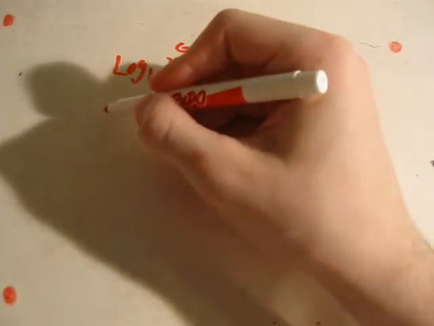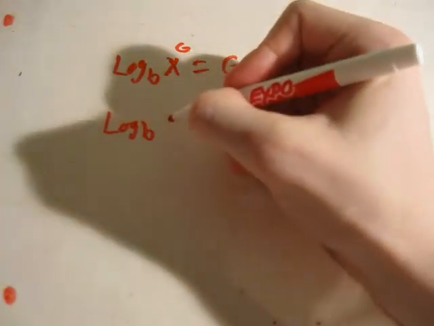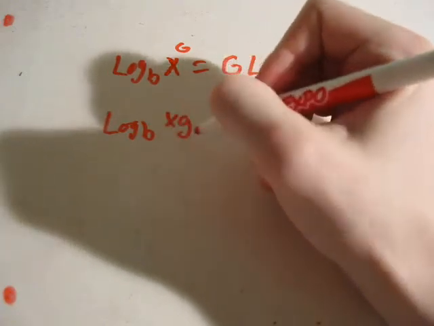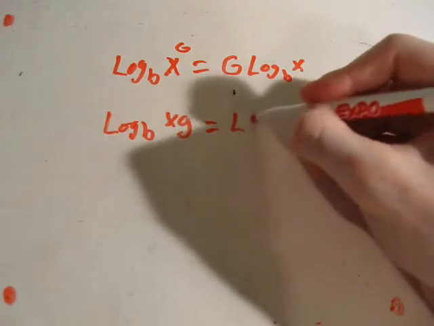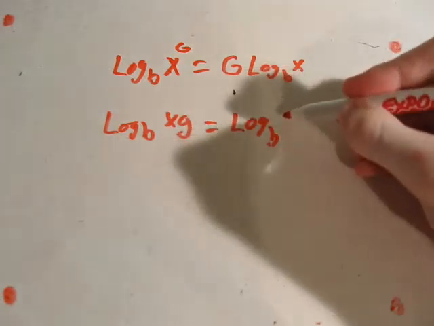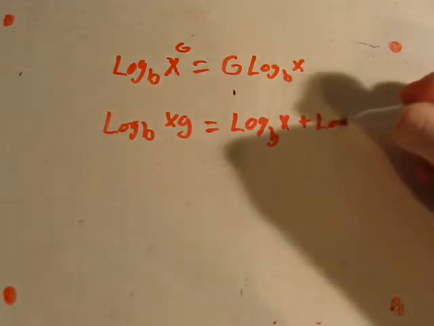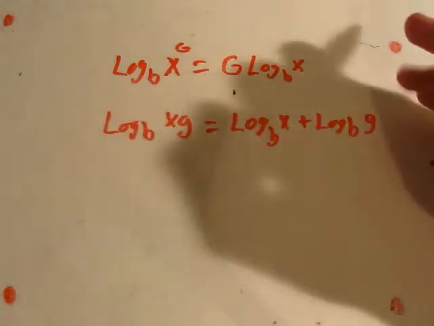If you've got a logarithm to a base b of two numbers, x times g, then that's equal to the log base b of x plus the log base b of g.